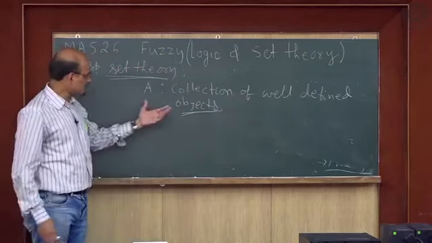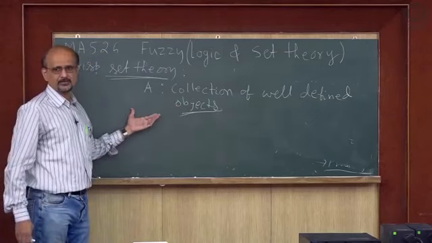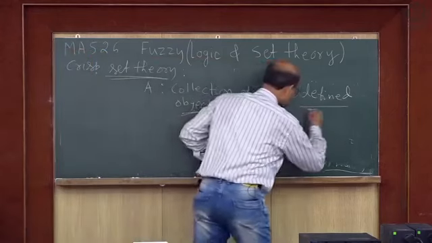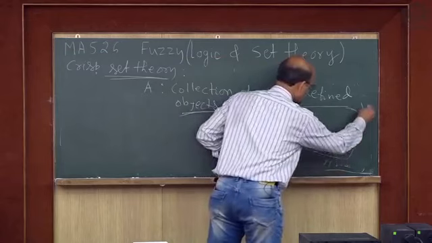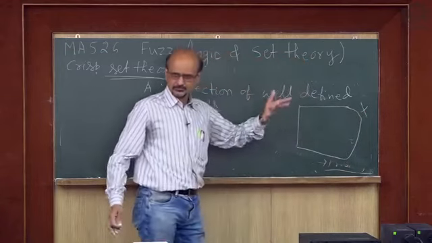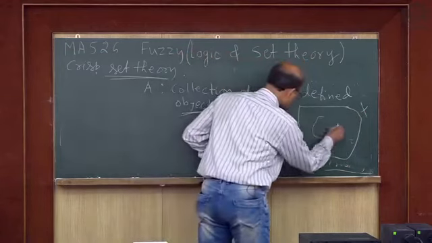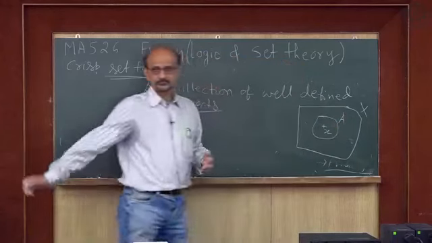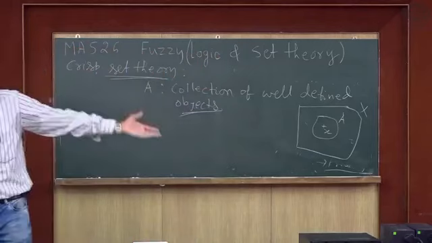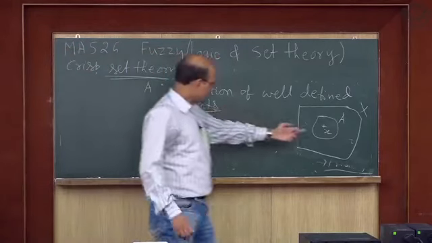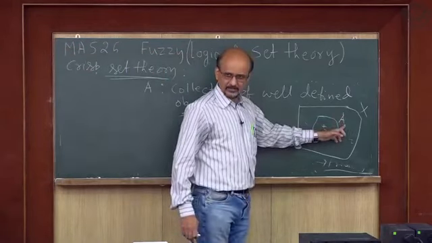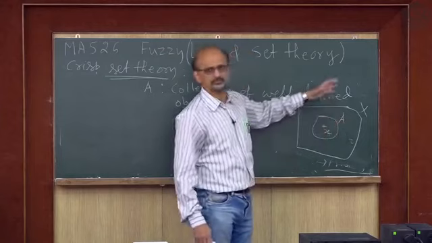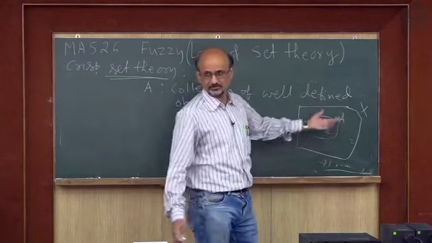Okay? Now, suppose x is an element of A. Suppose I take a set A, you know all these things, X is the universal set, A is a set here, and x is an element which is well defined, or maybe x1, x2, xn if it is n dimensional Euclidean space.